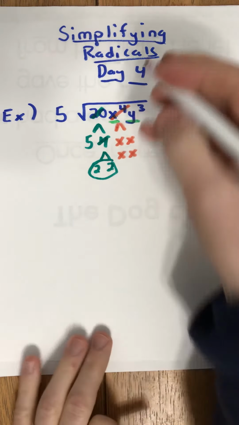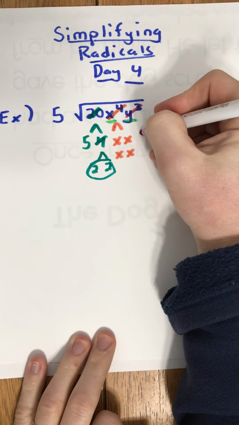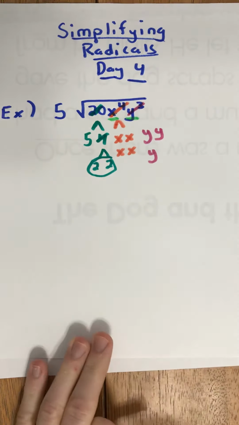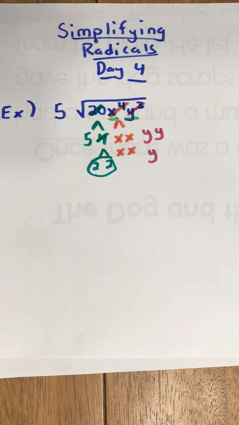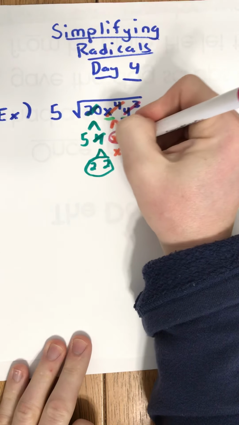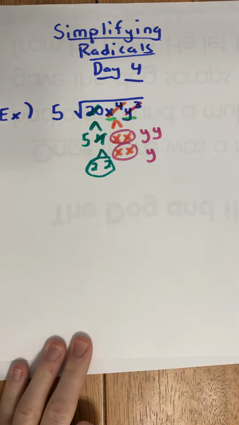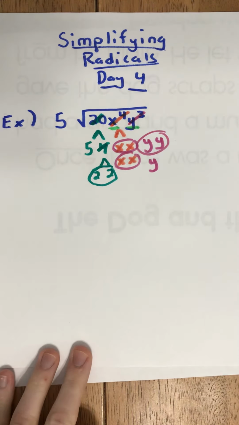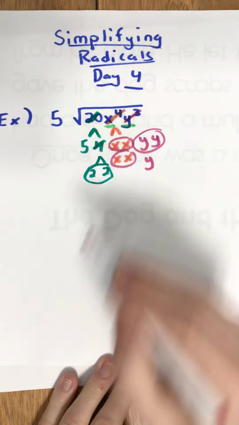That's no different than having 3 y's in here. 1, 2, 3. So now we're going to look for pairs with our x's and our y's, just like we did here. So you'll notice that we have a pair of x's and another pair of x's, and we also have a pair of y's. Okay, so I've got all these pairs.